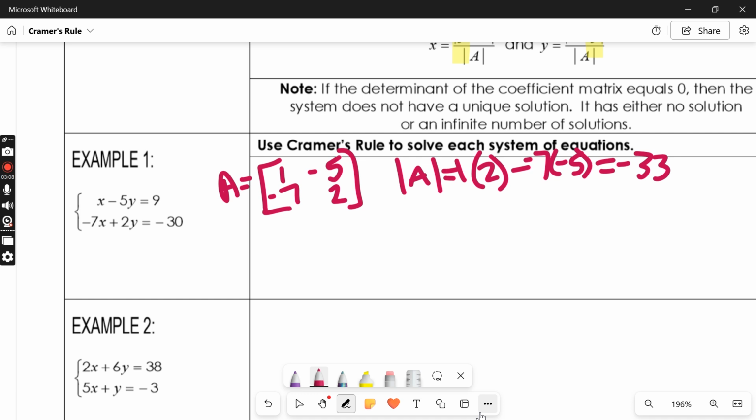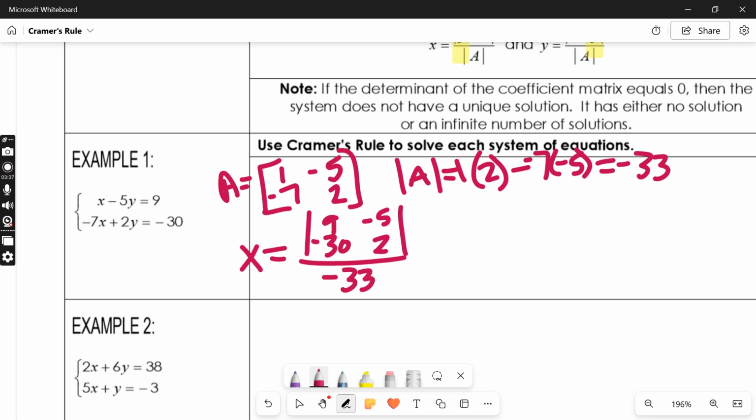Okay, and then we need to find x and y. So we're going to find x. The way that we find x is we first need to replace the coefficients of x with our answer. So this would be 9 and negative 30 here. And the y values would stay the same, negative 5 and 2, over negative 33.